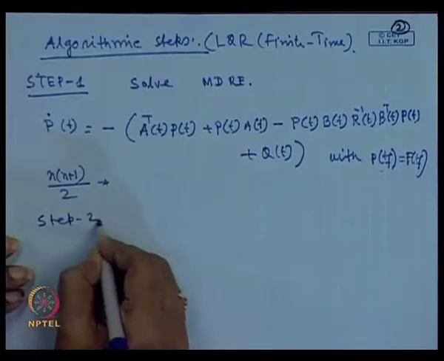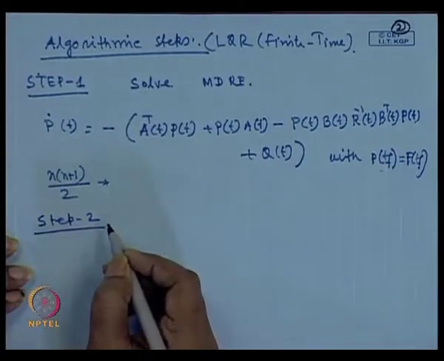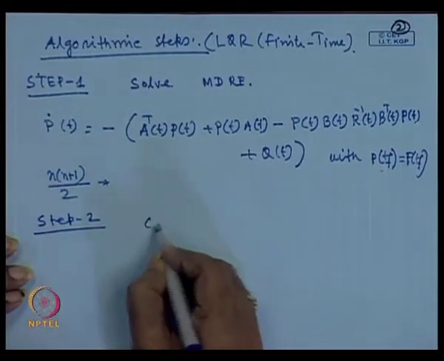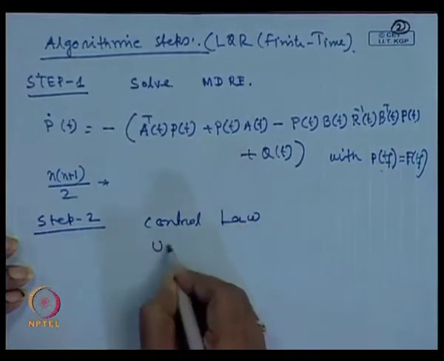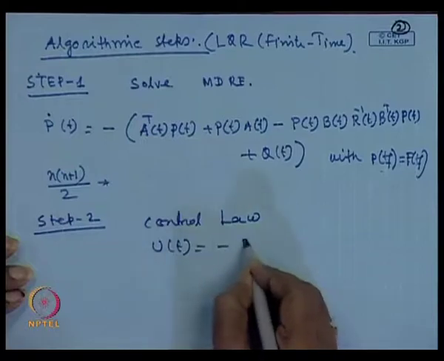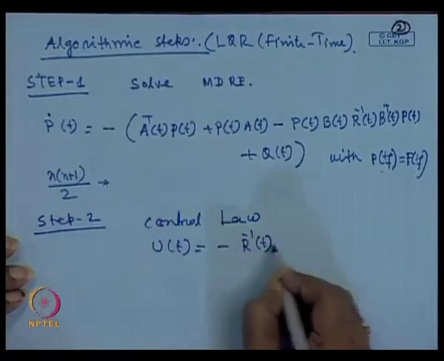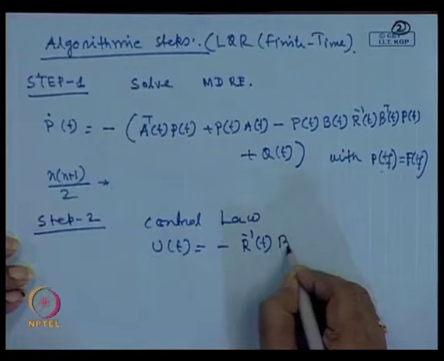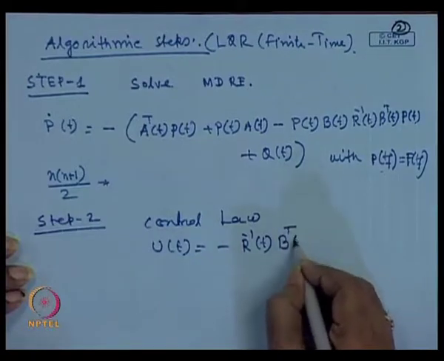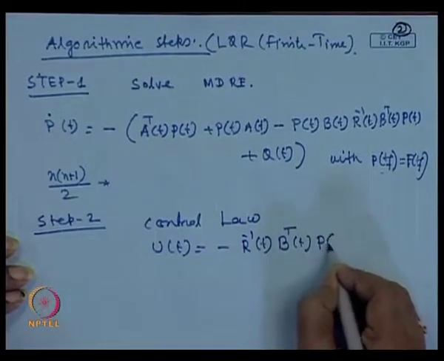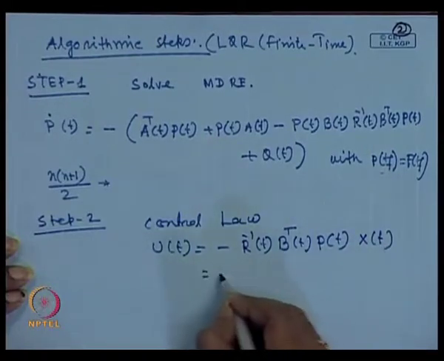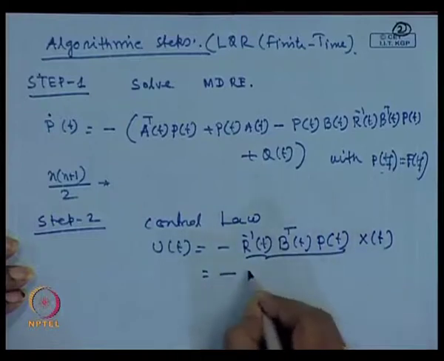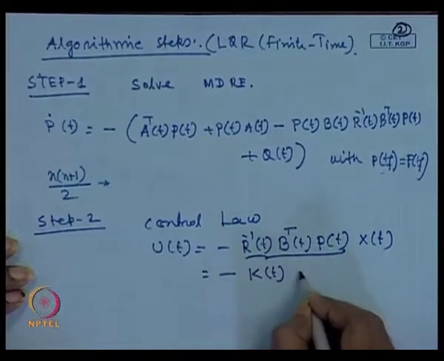Once you solve this, next we can easily implement our control law. Control law u of t is equal to minus R inverse of t B transpose of t P of t and x of t, and this whole thing can be written as K of t and x of t.